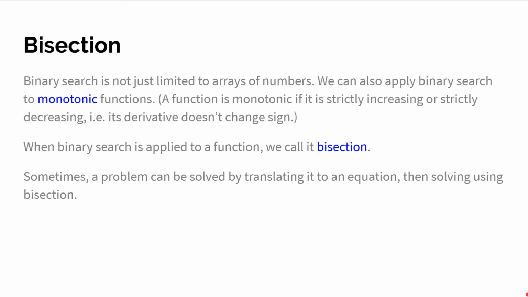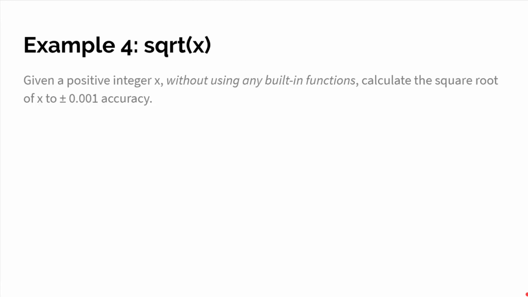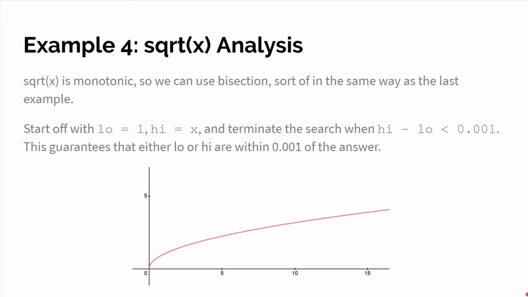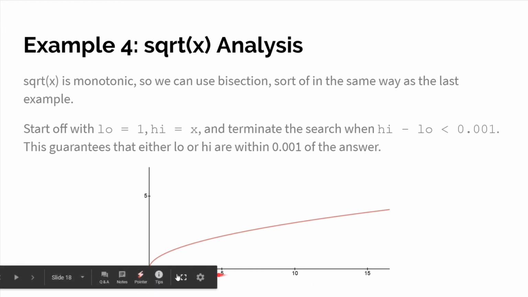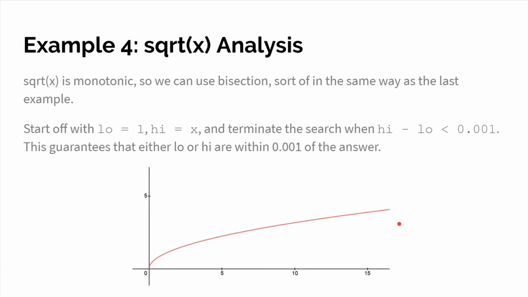So we're going to go through two examples here. First will be easy, and second will be a bit more involved. So for the example, square root of x: given a positive integer x, without using any built-in functions, calculate the square root of x to plus or minus 0.001 accuracy. Well, we know that square root of x is monotonic because as our x value increases, the square root value always increases, so we know that we can use bisection on this.